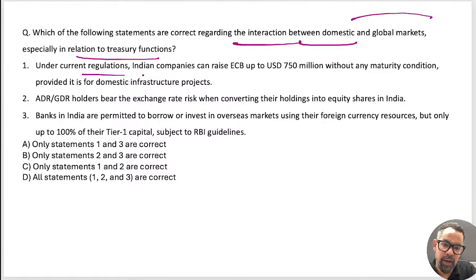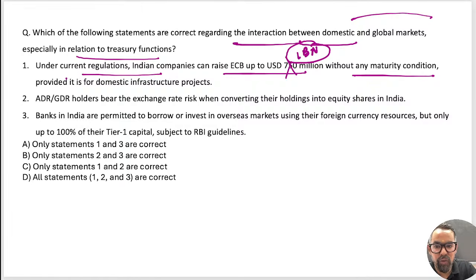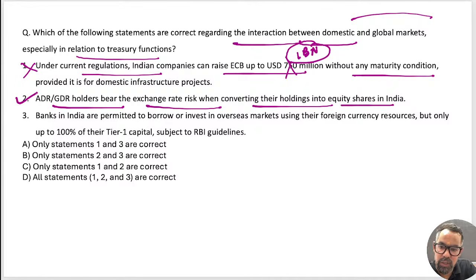Under the current regulation, Indian companies can raise ECB up to 1 billion US dollars, right? Currently it is mentioned without any maturity condition. So this should be wrong. Second one is ADR, GDR holders bear the exchange rate risk when converting their holding into equity shares. This is true.